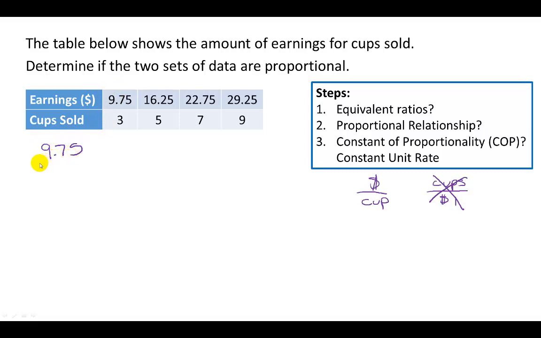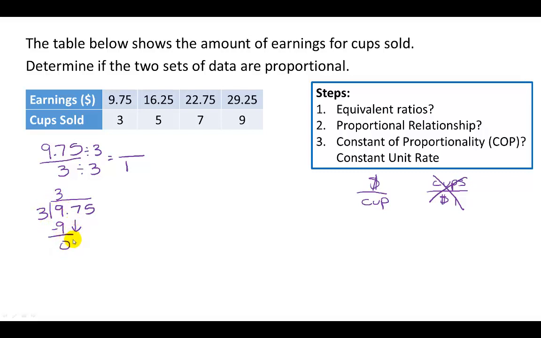9.75 divided by 3. We need to get our unit rate, so we're going to divide by 3's to the top and the bottom. We get a 1 in the denominator, and when we set up our division, the first number goes inside. 9.75, 3 is on the outside. 3 goes into 9 3 times. 3 times 3 is 9. 9 take away 9 is 0.